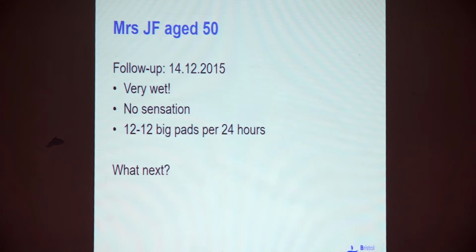How did she do? Well, not surprisingly, she was very wet afterwards because we hadn't done anything about her sphincter. She had no real sensation of bladder filling, and she was using 10 to 12 pads a day. No sensation of filling because she probably wasn't really filling very much. As soon as any volume came in the bladder, she leaked.